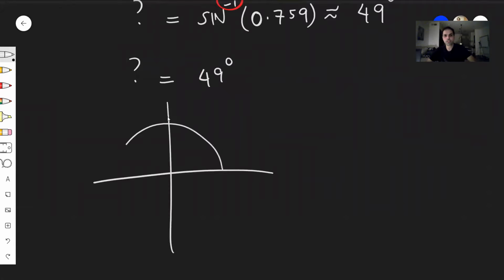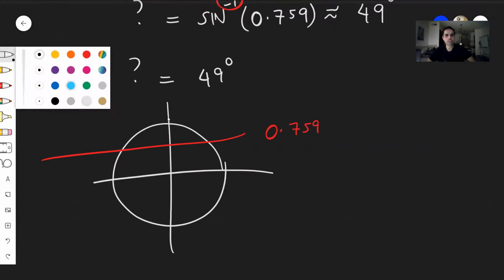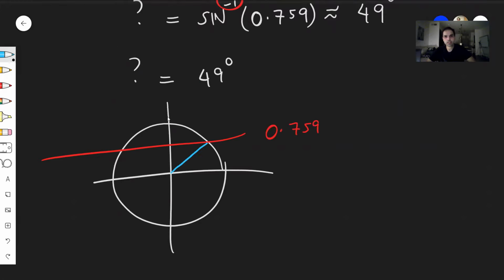Again, remember your trig circle, okay? And we said that we want to look at the angle whose sine is 0.759. Well, we found this angle, which is 49 degrees. However, look, there's another angle with the same property, which is this one. Well, how can we get this big angle?